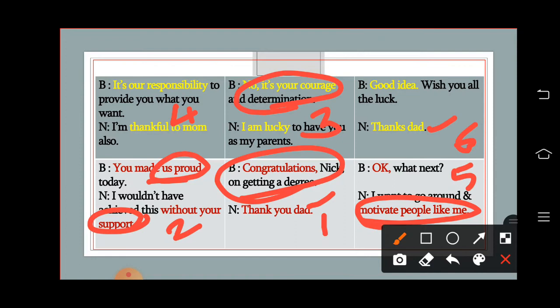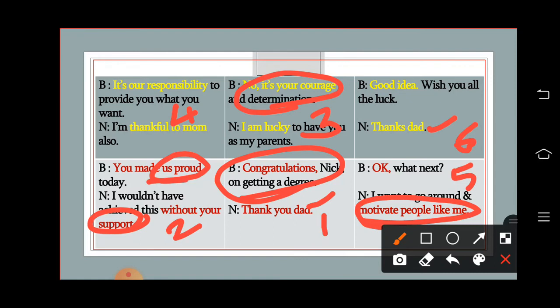So let us look at the first one. Congratulations, Nick, on getting a degree. Thank you, Dad. You made us proud today. I wouldn't have achieved this without your support. No, it's your courage and determination. I'm lucky to have you as my parents. Then his father says, it's our responsibility to provide you with what you want.